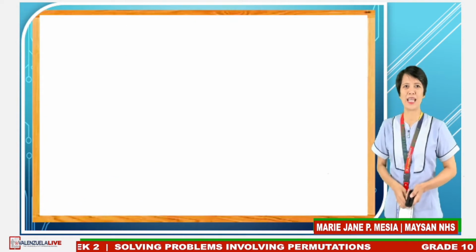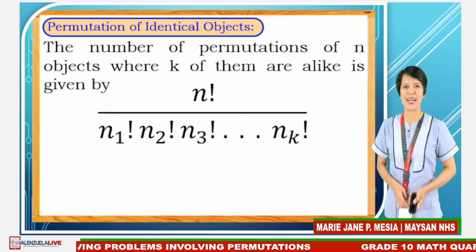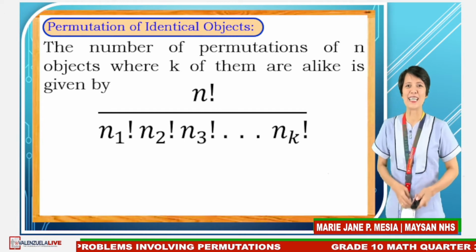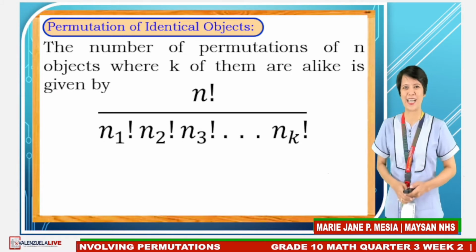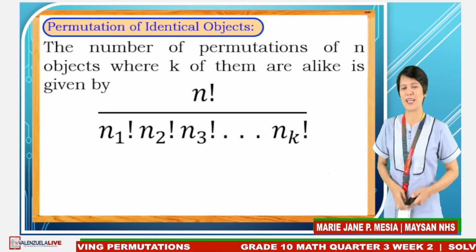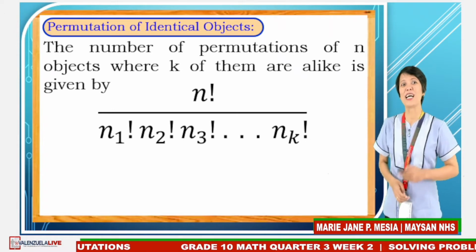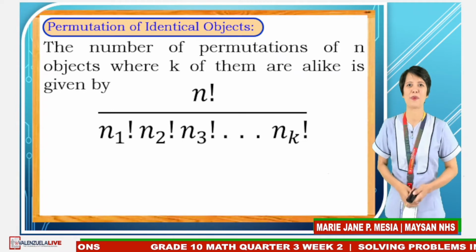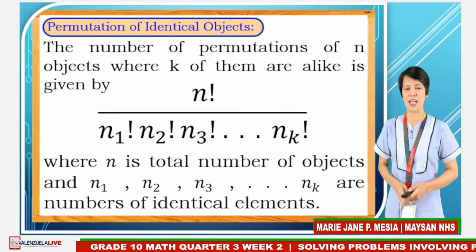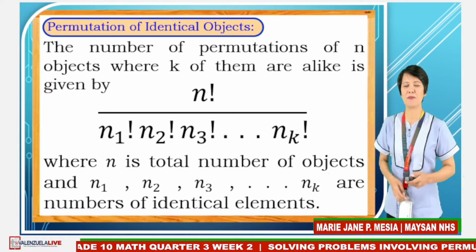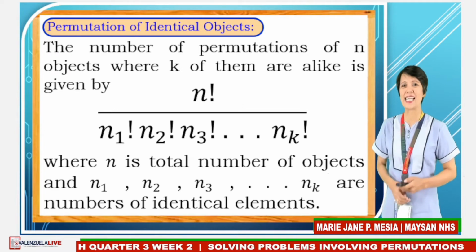The number of permutations of n objects where k of them are alike is given by n factorial divided by n sub 1 factorial times n sub 2 factorial times n sub 3 factorial and so on up to n sub k factorial, where n is the total number of objects and n sub 1, n sub 2, n sub 3, and so on up to n sub k are numbers of identical elements.